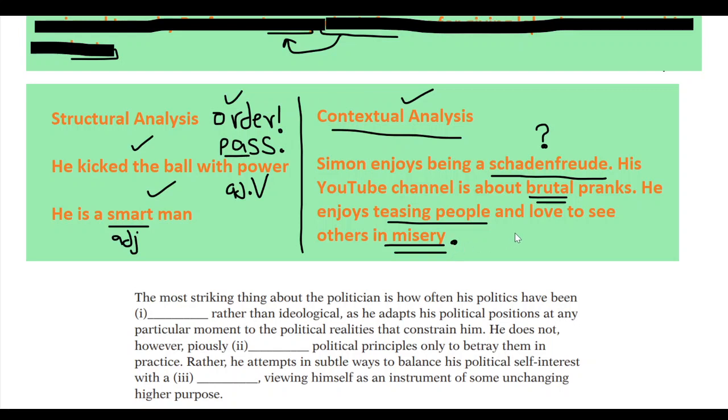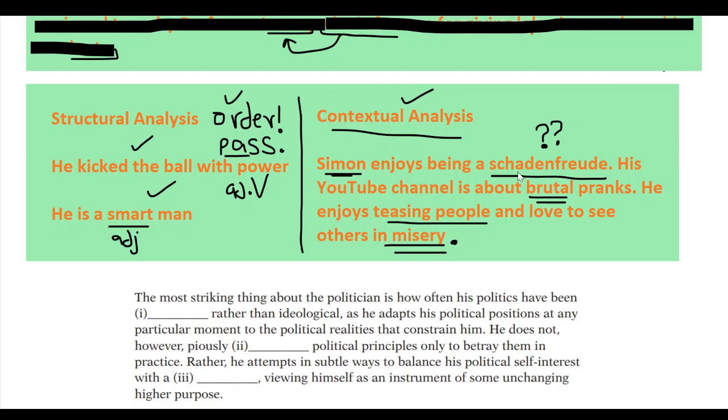So now I think I have a lot of information to make an educated guess for this word. So if this Simon dude is about pranks which are brutal in nature, he loves teasing others and watching them in misery, what can I say about the word schadenfreude?